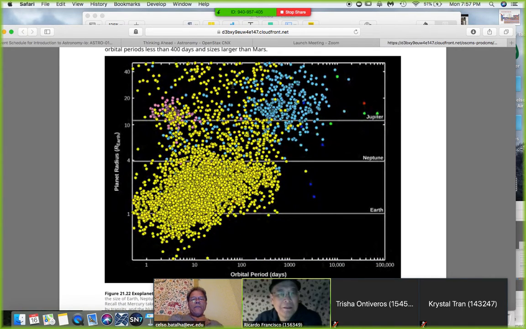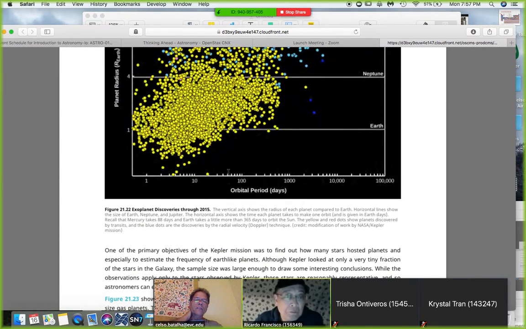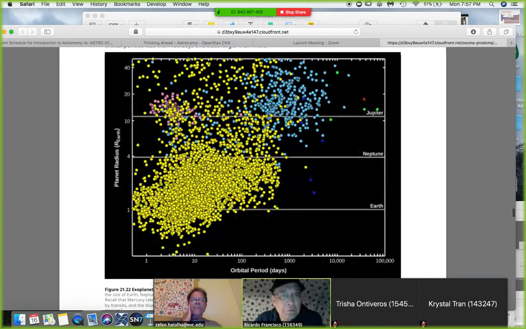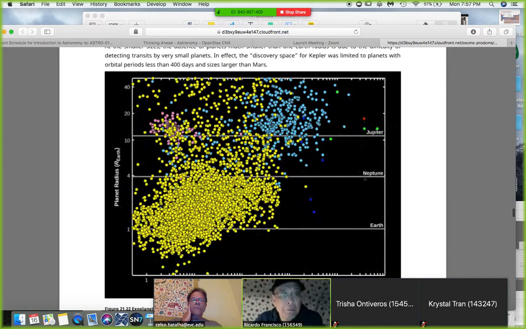So basically, if you look at these blue dots, those are planets found by the radial velocity technique. The yellow dots are observations found by Kepler, and here is Earth analogs, right? And here Neptune analogs and Jupiter analogs.